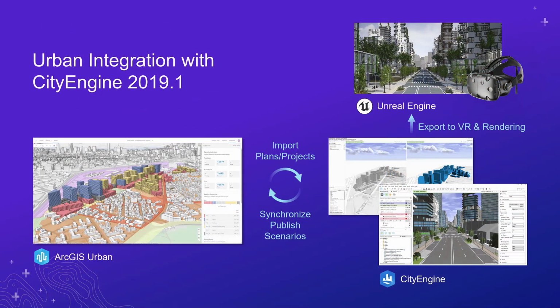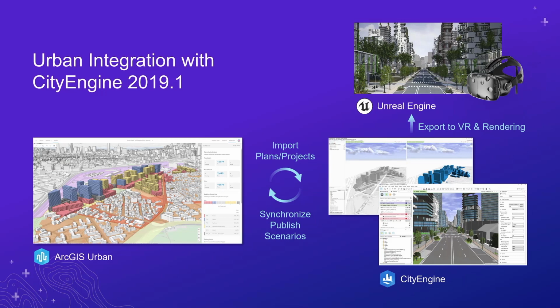So with 2019.1, we've integrated ArcGIS Urban and CityEngine together. That means you can take a plan and download a plan from ArcGIS Urban into CityEngine and use CityEngine to edit, modify it, apply its rules to it, and create representations.